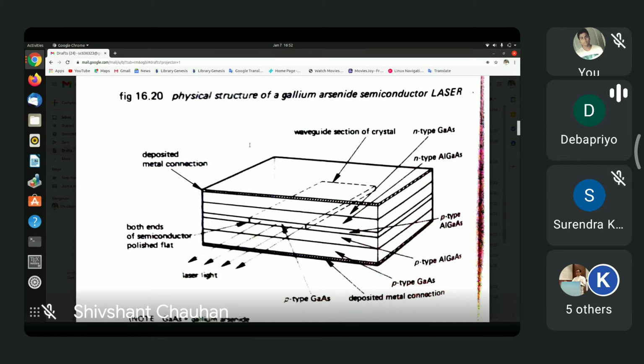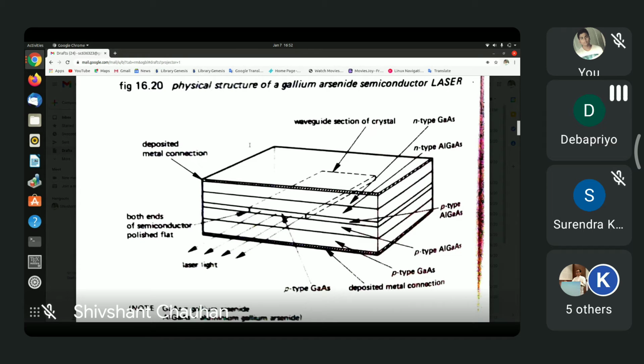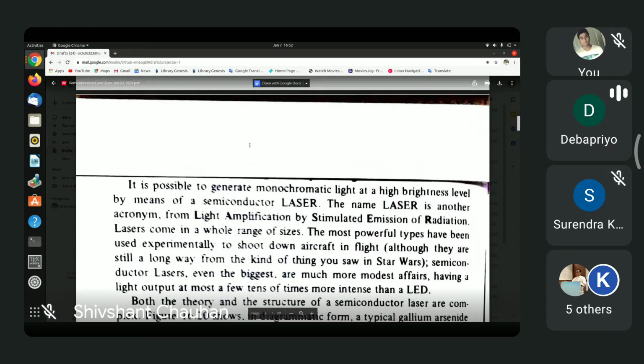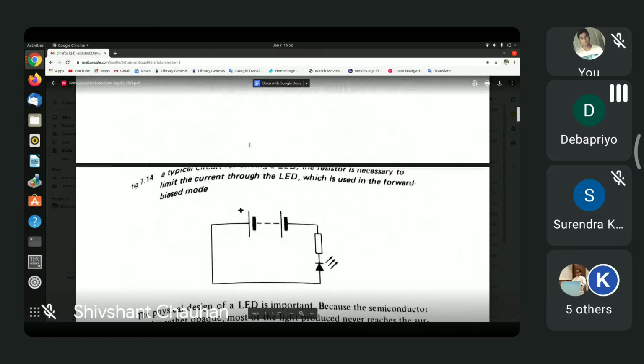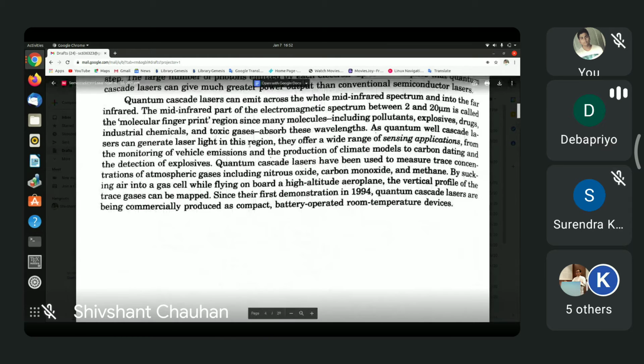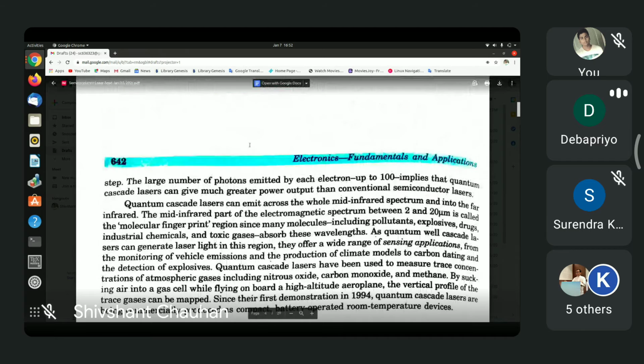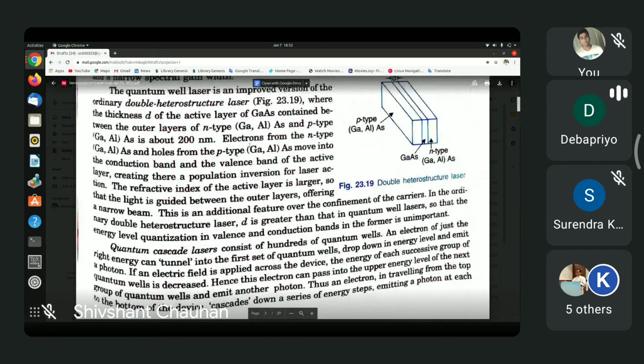They are very efficient. Now, to get some more details regarding this, we have to move to the pages that I sent you yesterday. But before that, go back to the page regarding LED. Go up. Stop here.